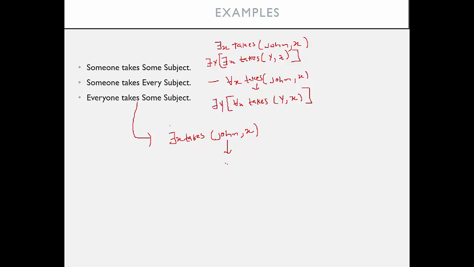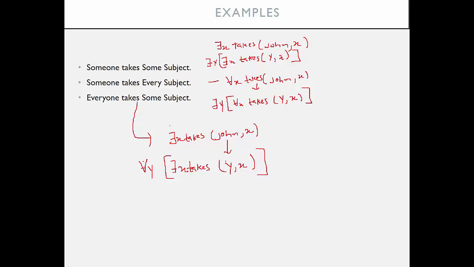So this gets changed into y, and x takes, so y takes x subject, and this means y takes some subject. But here we are not talking about a single entity, we're talking about many. Therefore, it gets changed into, for all y, y takes some subjects. That's how this gets changed.